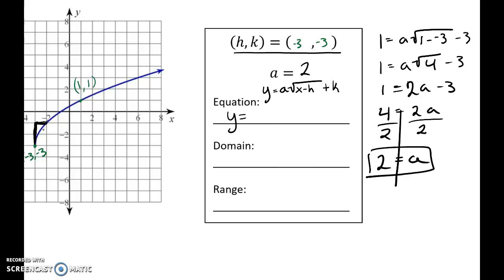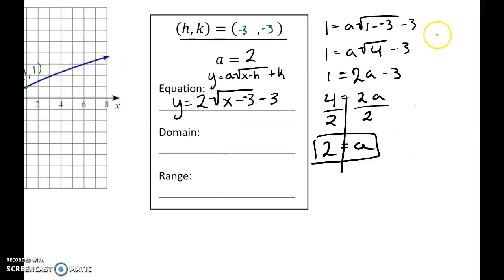Again, if that feels uncomfortable, the solving method works equally well, and we go to square root of x minus negative 3 minus 3. So we have an x and y in our equation, and we have the horizontal shift and the vertical shift filled in.